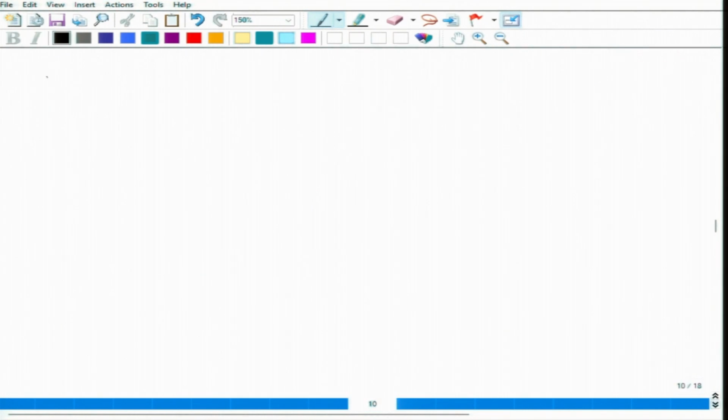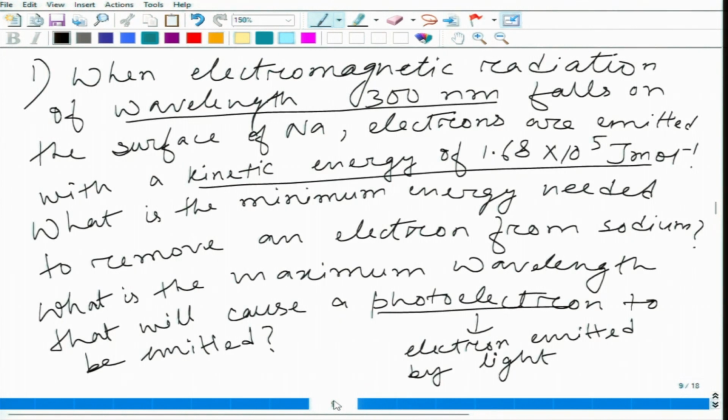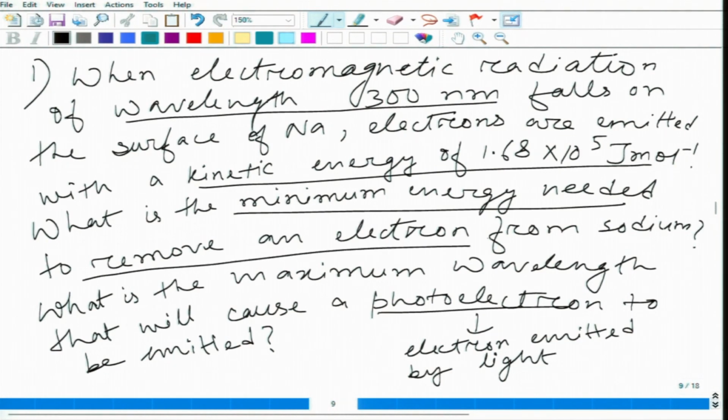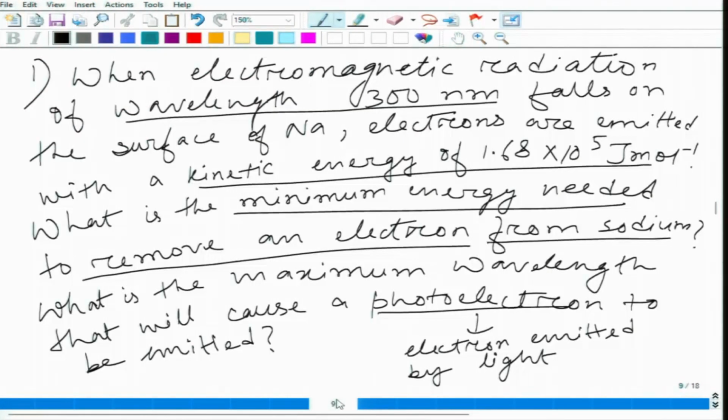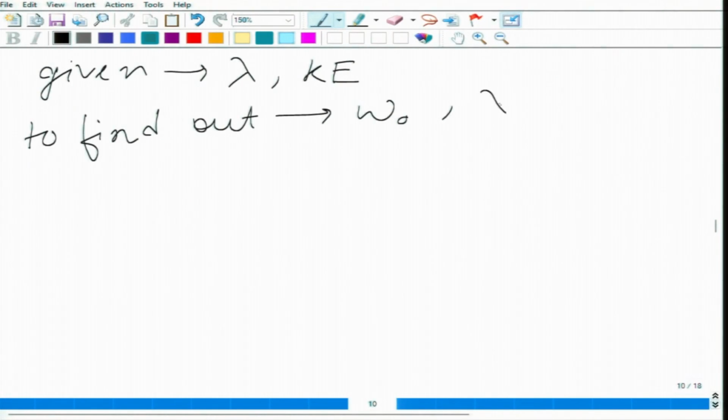And what we need to find out, minimum energy needed to remove an electron from sodium. What is the minimum energy needed to remove an electron? That is the work function. Then maximum wavelength, that is lambda naught.